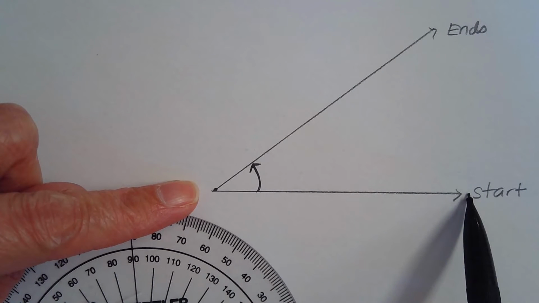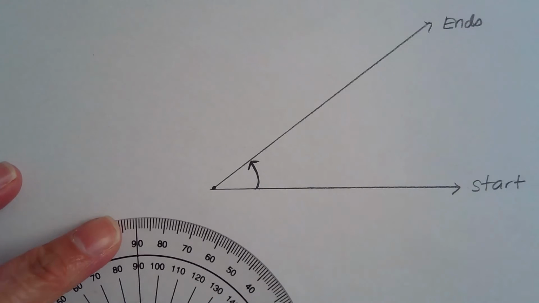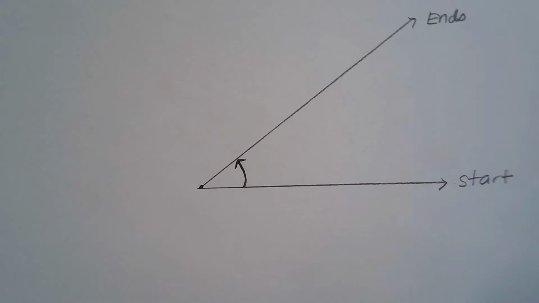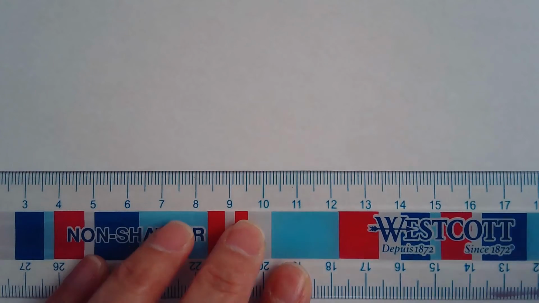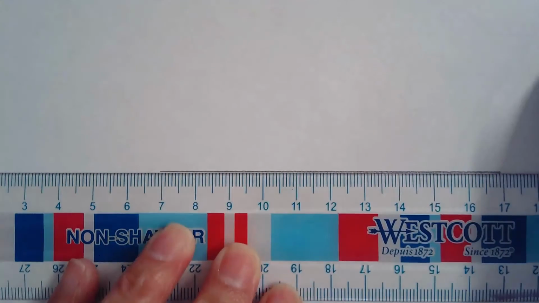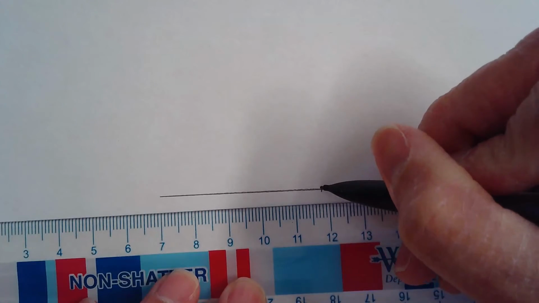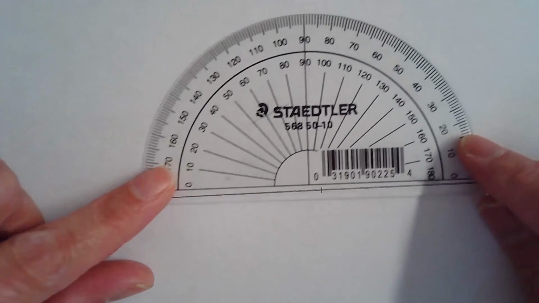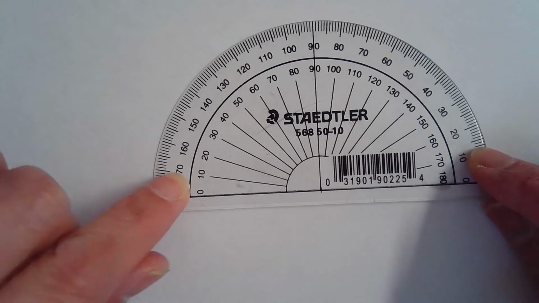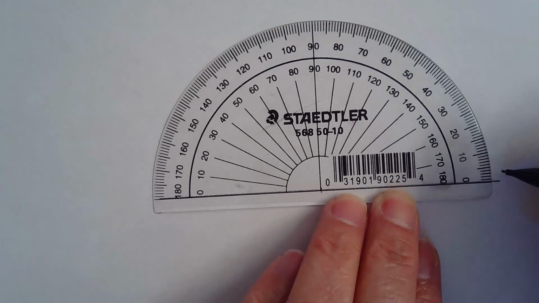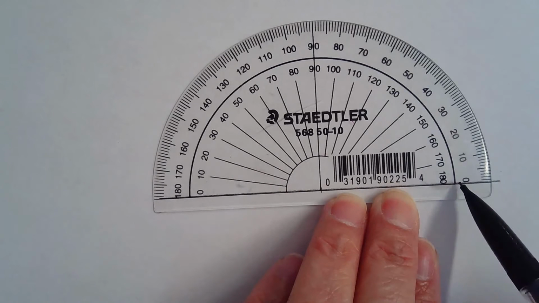We gotta start at 0. Now I'm gonna tell you something first. I'm gonna put this right there. So this is 0. This is our protractor.